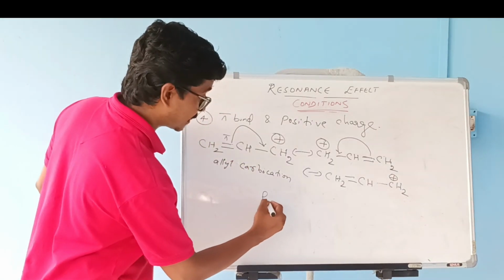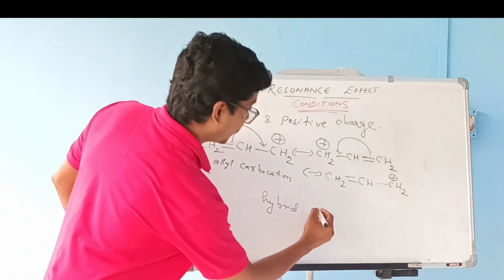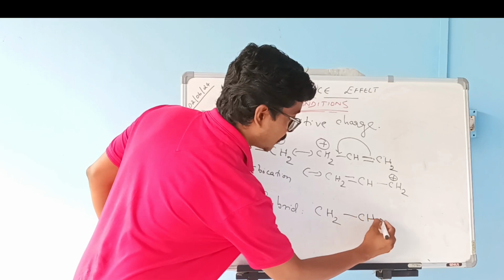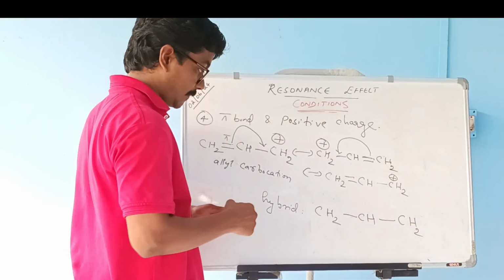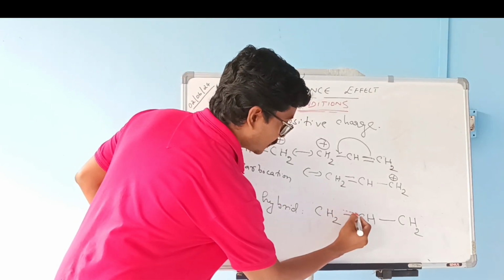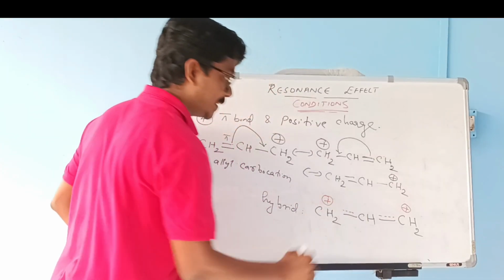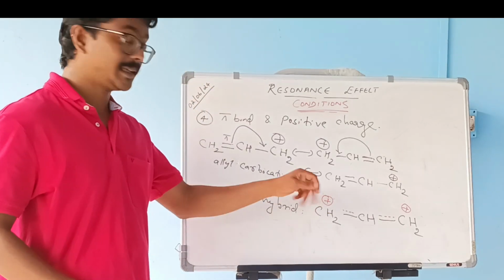And what is the hybrid structure then? The hybrid structure will become CH2, CH, CH2 with partial positive charges on the terminal carbons. This is the hybrid structure of the allyl carbocation.